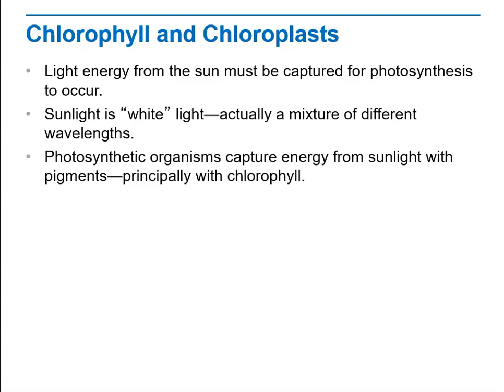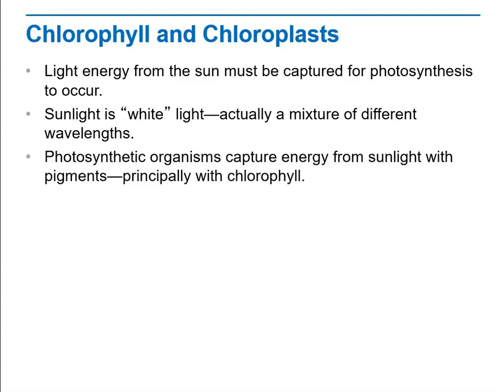The wavelengths we perceive with our eyes are known as the visible spectrum. There are more wavelengths that are contained in light, but the wavelengths that we can see are the visible spectrum of light. Plants gather the sun's energy with light-absorbing molecules called pigments.